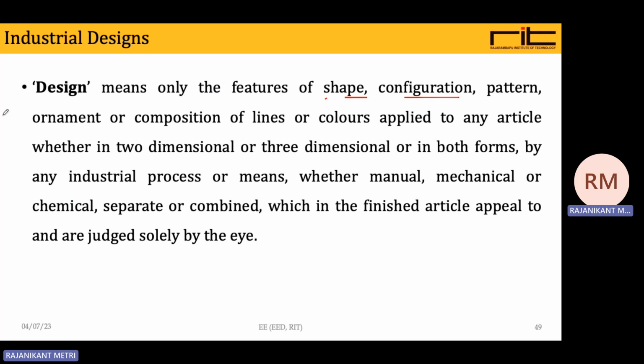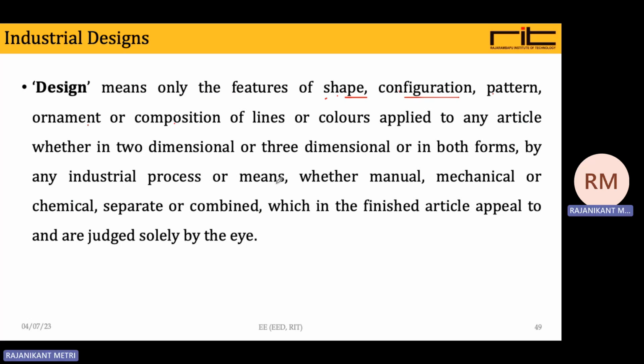So we'll see it again. It is features of shape, configuration, pattern, ornament or composition of lines or colors applied to any article. Article here does not mean a document. It means some product, whether in two dimensions or three dimensions, or a combination of 2D and 3D, by any industrial process or means.